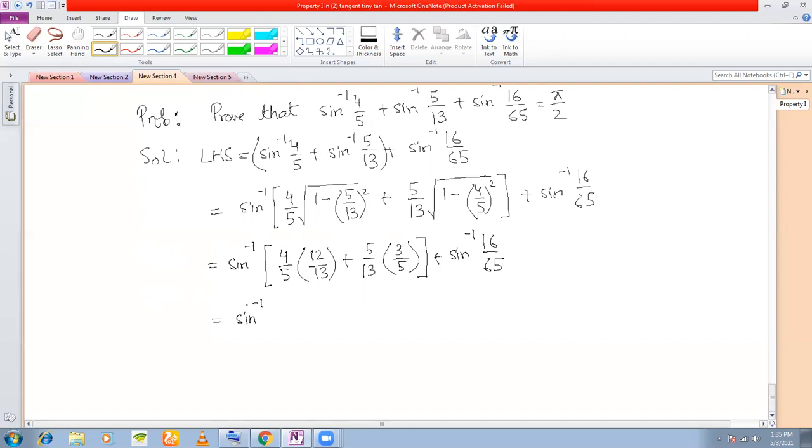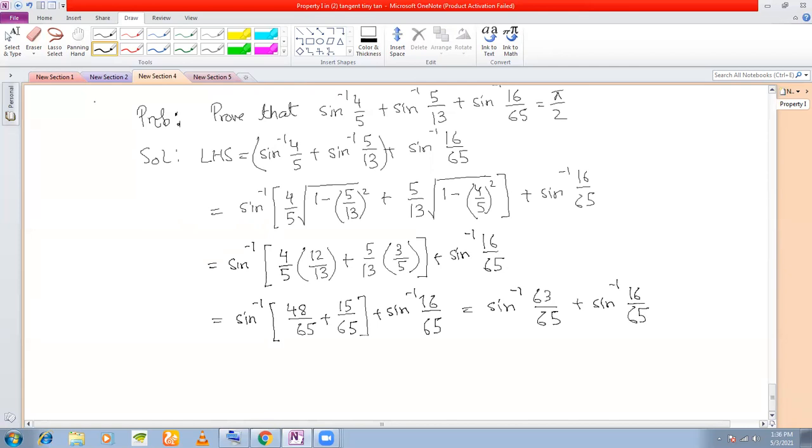If you multiply all this, you will get 48 by 65 plus 15 by 65, plus sine inverse 16 by 65, which is sine inverse of 63 by 65 plus sine inverse 16 by 65.